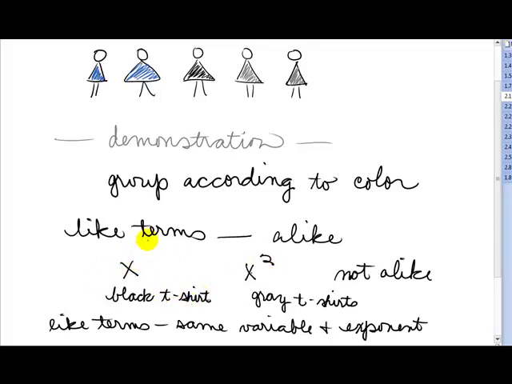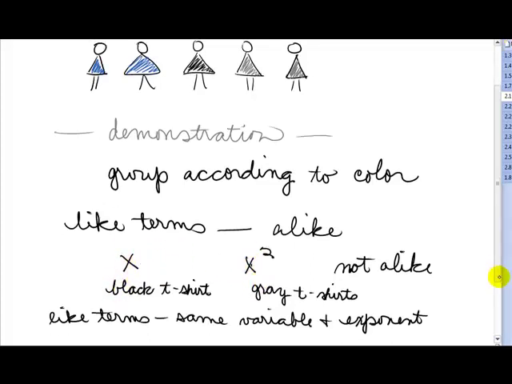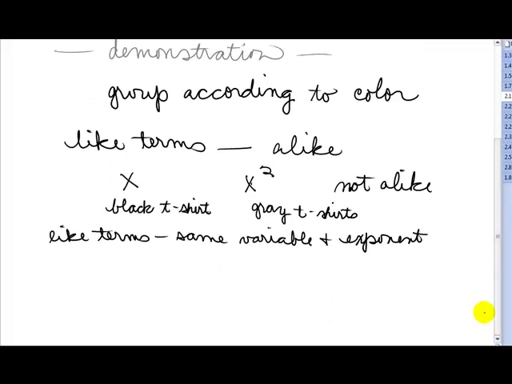And then when we're adding gray shirts and gray shirts, they don't magically change to a black shirt or vice versa. So if we're adding x's, they won't change to x squares because they're not the same. This is like black, this is like gray. So we want to keep in mind about like terms, same variable and exponent.